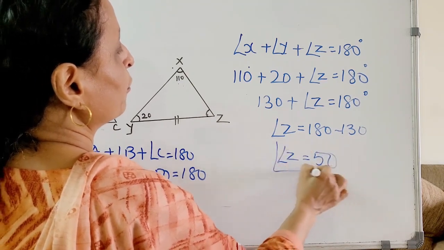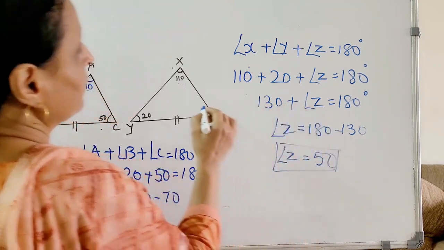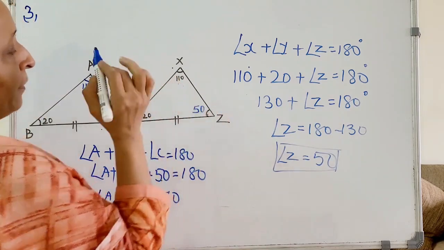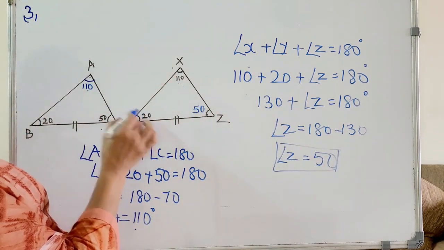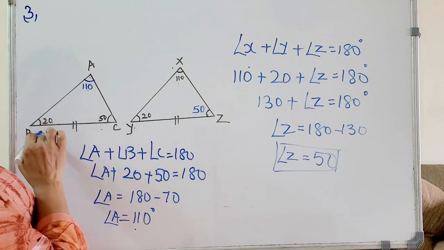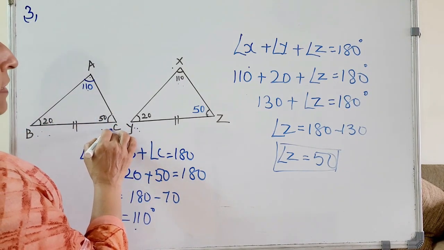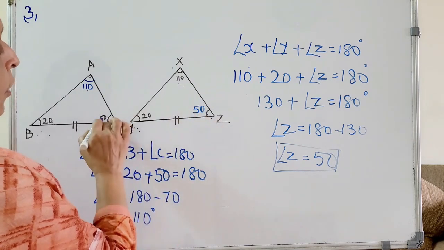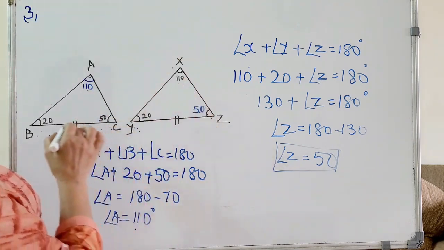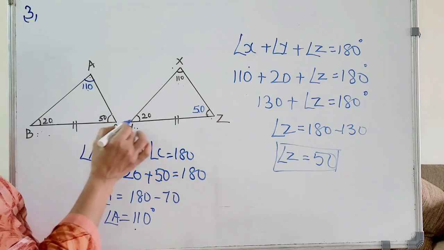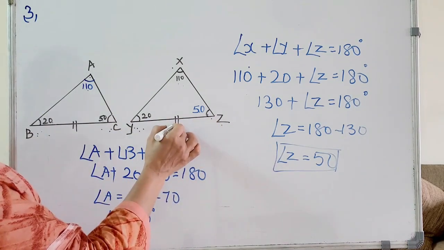So now you know the angle Z. Z is 50. Now angle B is equal to Y because both are 20. Angle C is equal to angle Z, both are 50. And this side BC is congruent to YZ is given.